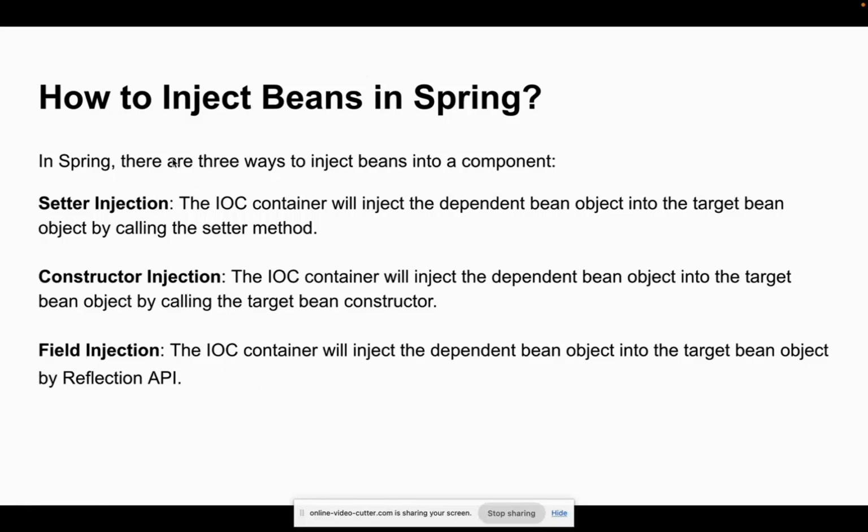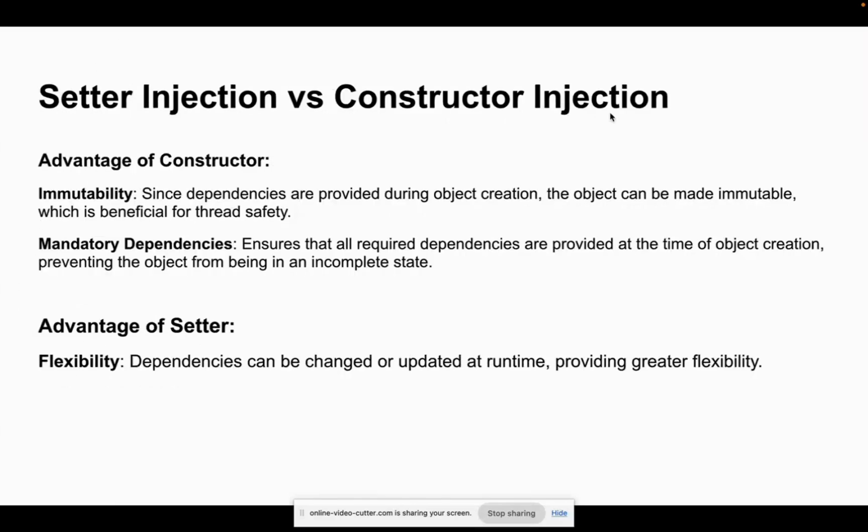If you mention the three injections, the interviewer may keep asking what the best injection is. So that's the next question. Comparing these, you have to answer that constructor injection is best. It provides immutability. Since dependencies are provided during object creation, the object can be made immutable, meaning no one can change it once you create it.